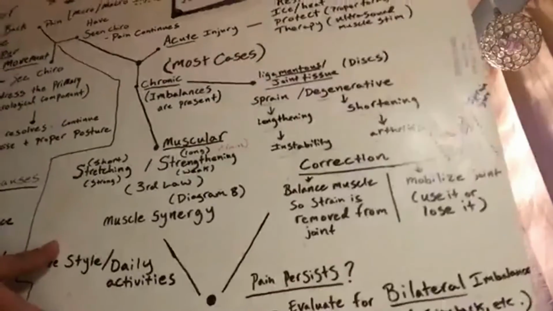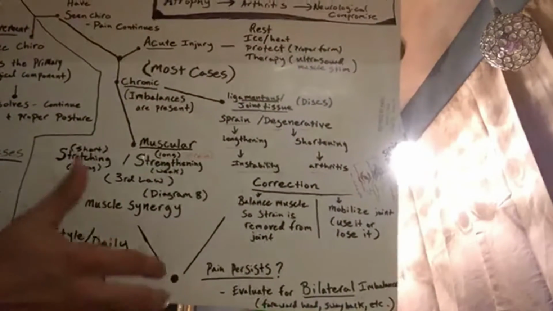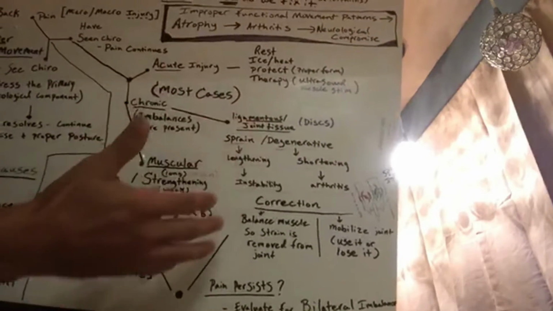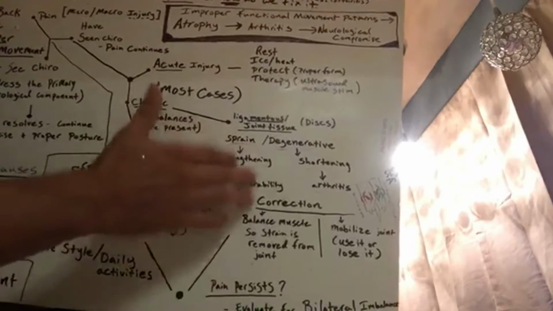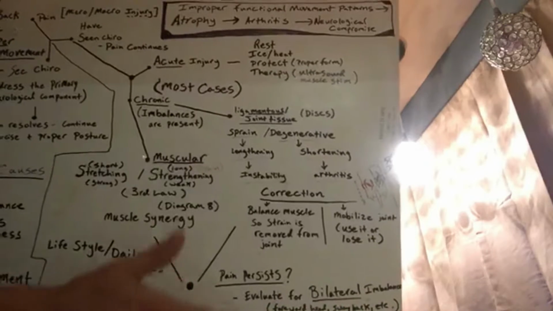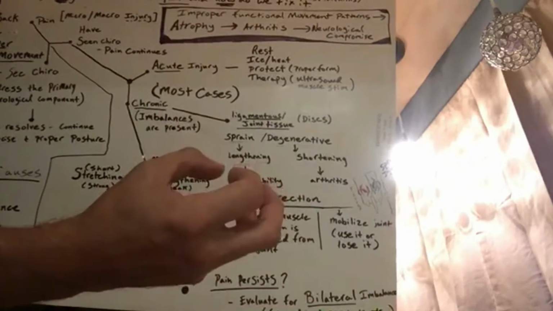So let's go over here to this more confusing part, the ligamentous area. So joint tissue is funky, and even the discs, we can consider them ligamentous type joint tissue. So we got two different sides here. Let's start with the degenerative, because most people are kind of familiar with that idea anyways, is that we have degeneration, and that's a shortening of that joint tissue.